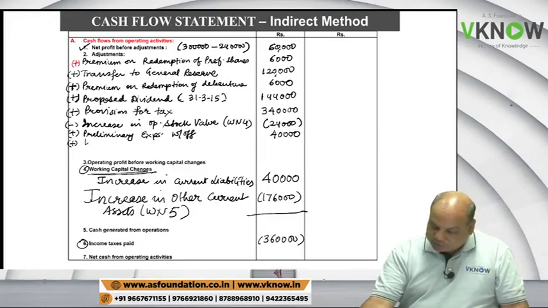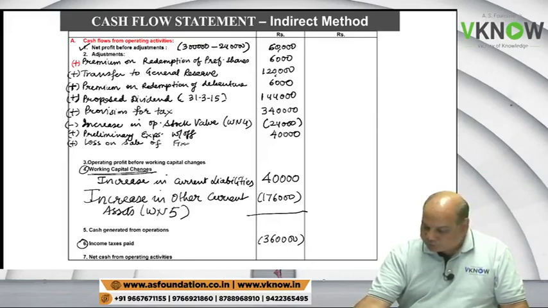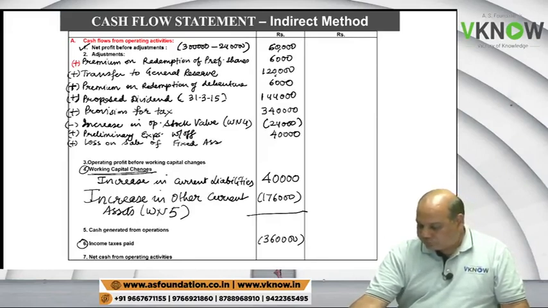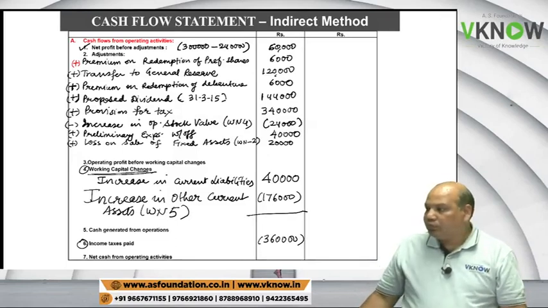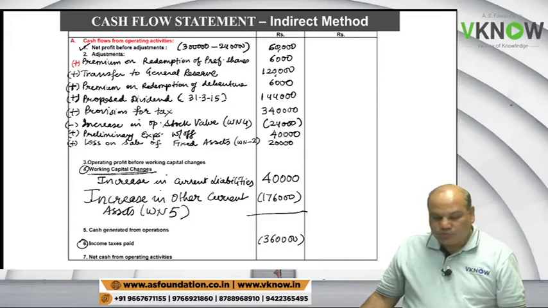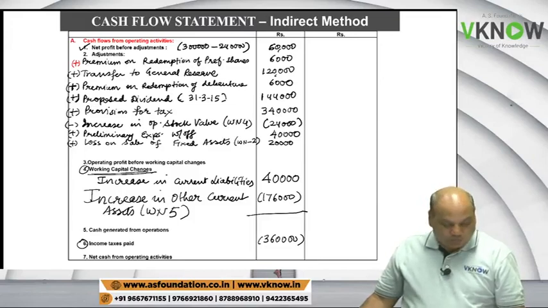Add back in adjustment loss on sale of fixed asset 20,000, working note 2. Any query on this?